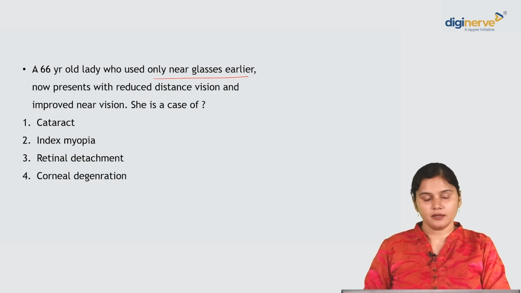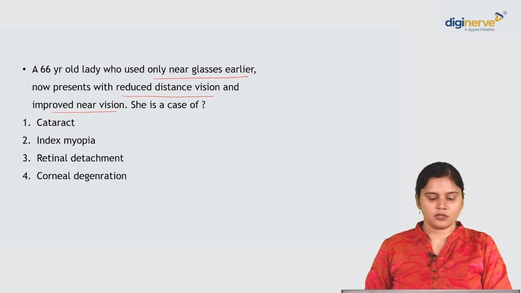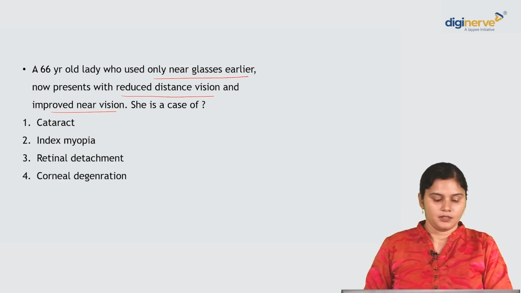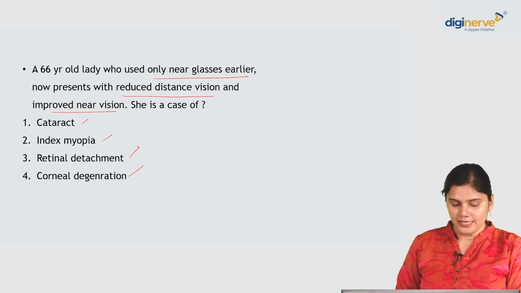A 66-year-old lady who used only near glasses earlier, that means her distance vision was good, now presents with reduced distance vision but improved near vision. What is she a case of? Cataract, index myopia, retinal detachment or corneal degeneration? So let's go one by one.